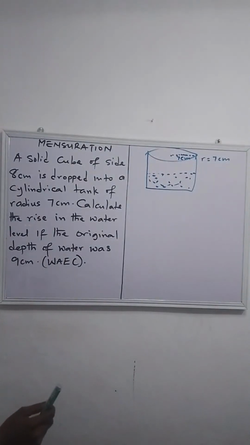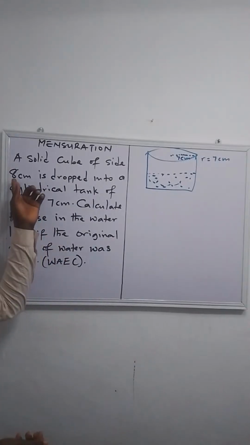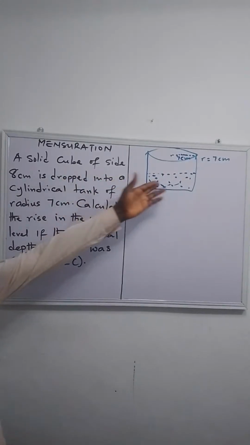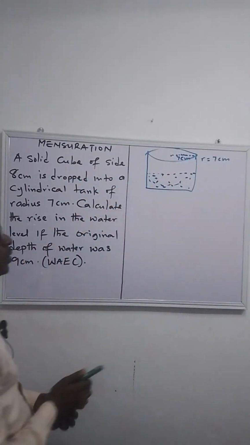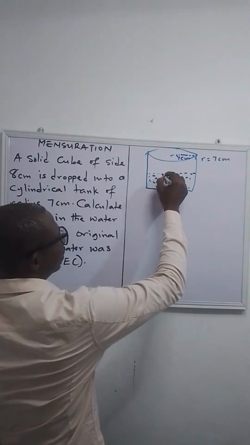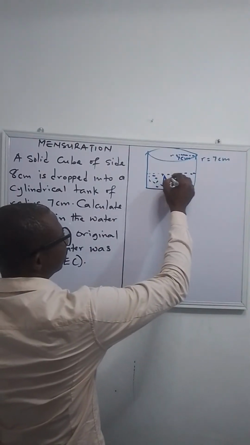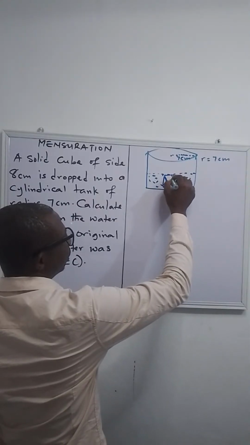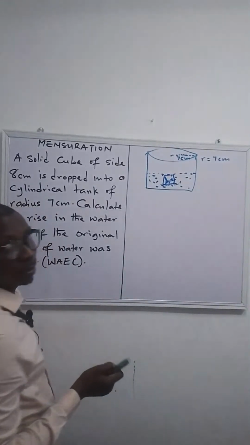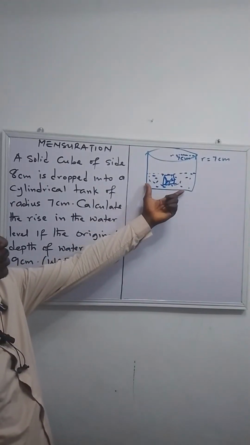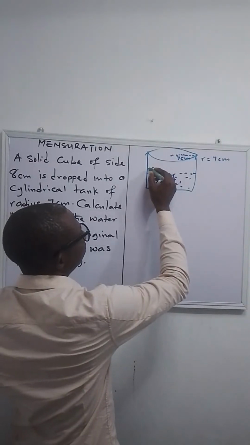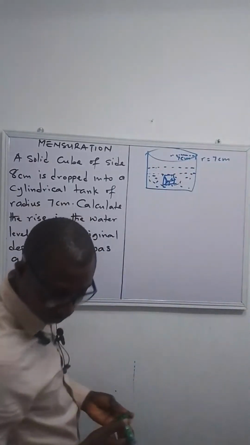Now a cube of 8 centimeters is dropped inside this water. This is the cube inside. You know when you drop the cube inside, the volume of the water will rise up, it will rise to a particular level.